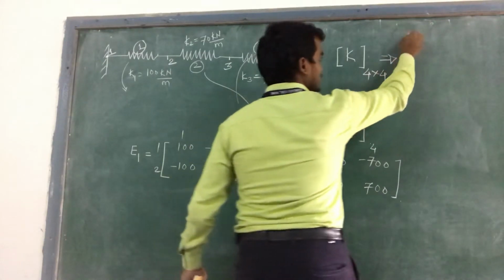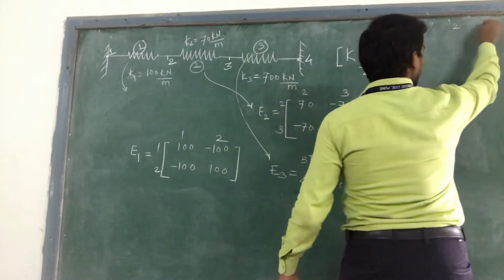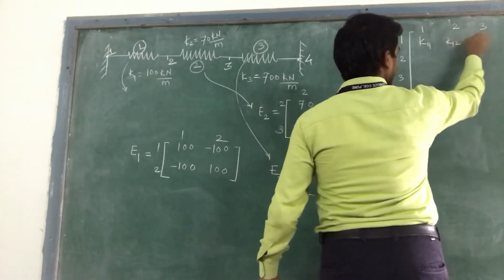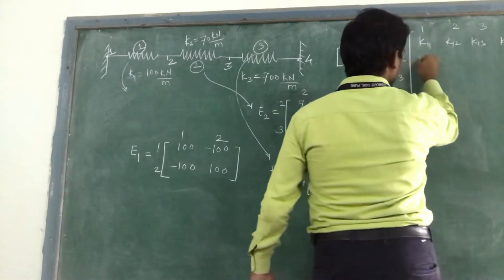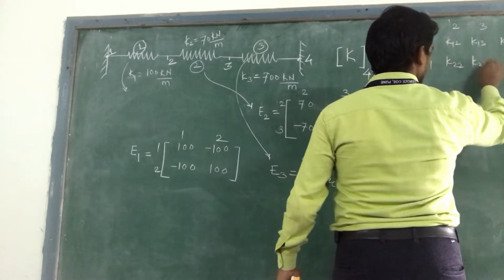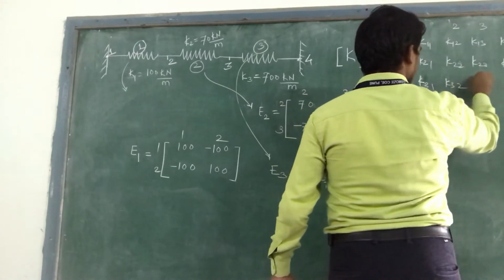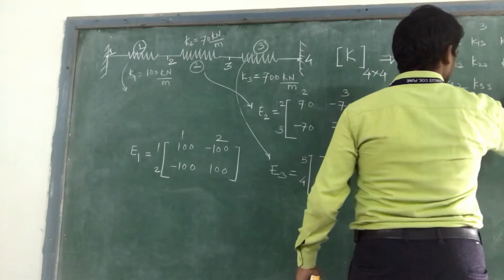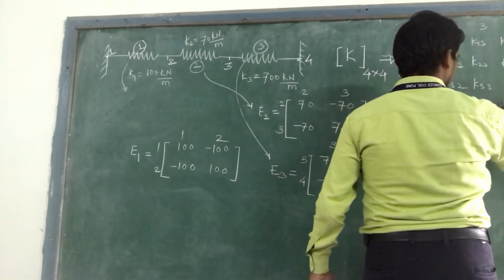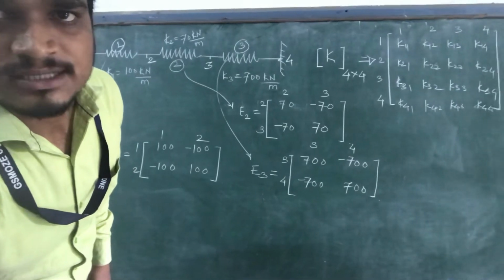So we need to construct a 4 by 4 matrix between positions 1, 2, 3 and 4, and we will get the elements as K11, K12, K13, K14, K21, K22, K23, K24, then K31, K32, K33, K34, and finally K41, K42, K43 and K44. Okay, so in this way you can write it.